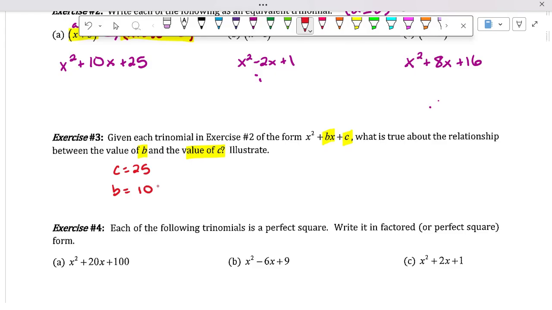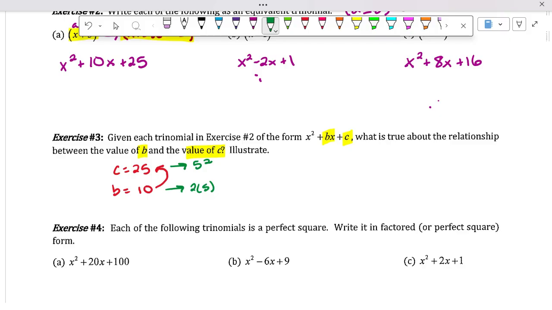How do you think I can go from 10 to 25? What do they both have in common? What did 25 and 10 both have in common? 5. All right. And we know that 5 squared is 25, right? So we know that 5 squared is equal to 25. What's the connection to 10 and 5? 2 times 5.